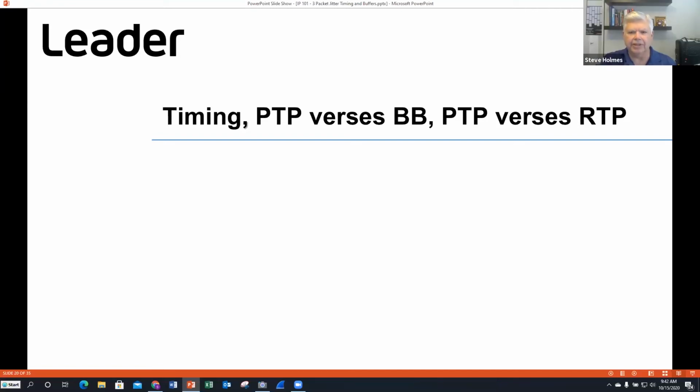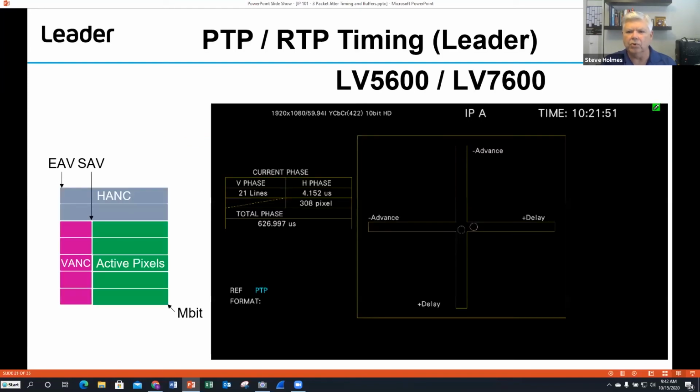Yes, because 2110 does mandate a synchronous system, that it is timed to PTP, which now if you're in a world where, yes, you've got some SDI, you've got some IP, and you're going back to SDI, those two worlds have to be in time with each other in order to make this whole thing work.